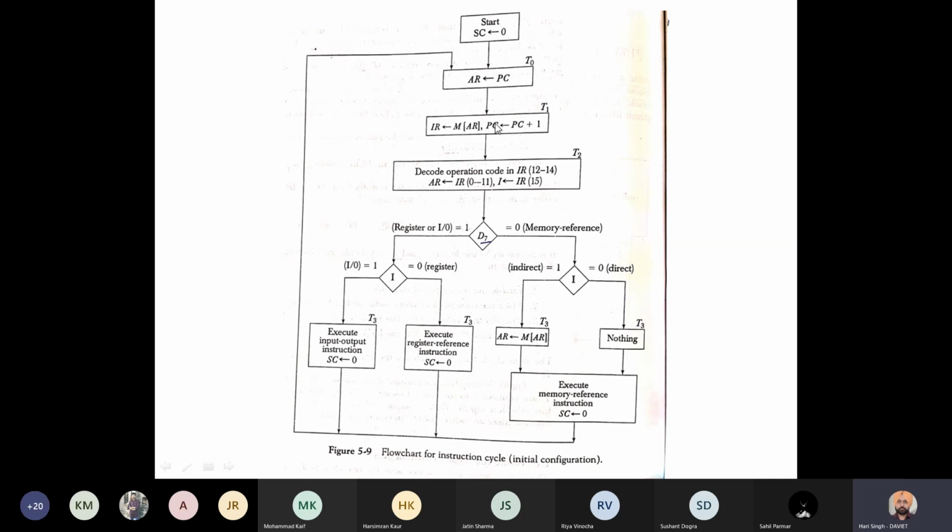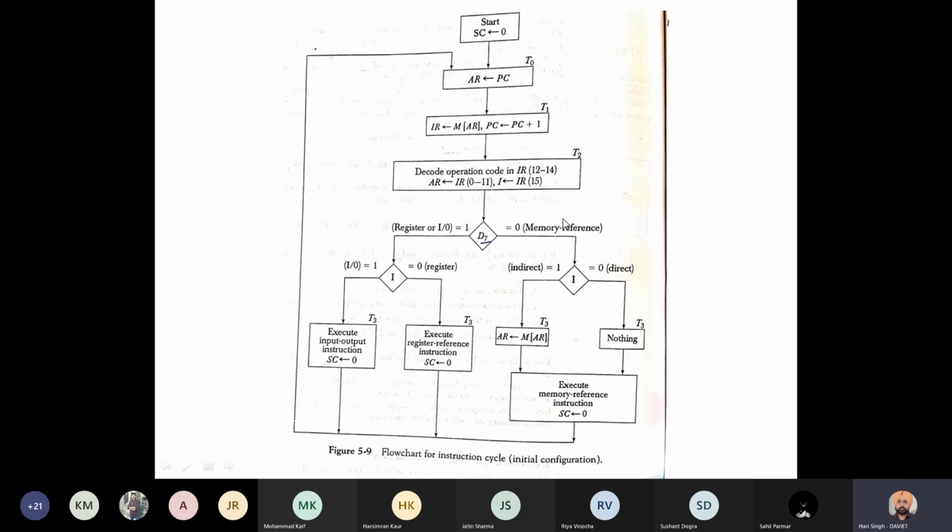During the T1 state, the opcode of the instruction to be executed is read from the memory and placed in the IR register, and along with this, the program counter is updated. The T2 state is used to decode the opcode placed in the IR register. After decoding, if we find that the D7 bit is 0, that means the instruction is related to memory.